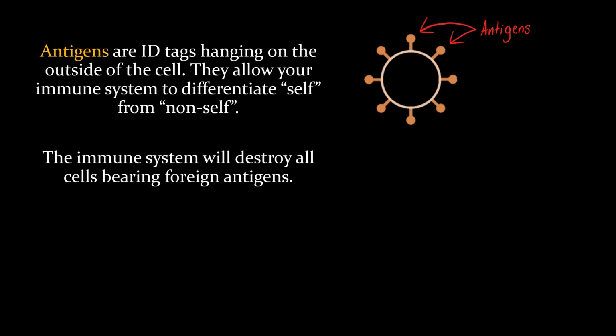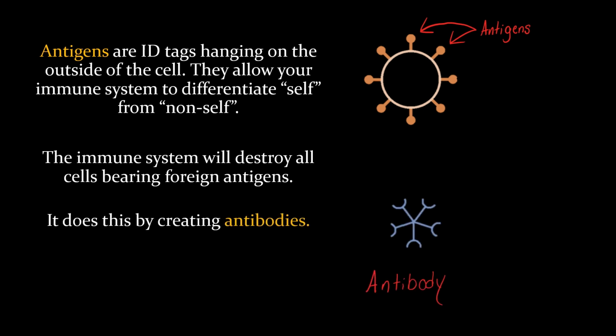What is an antibody and what does it have to do with this? An antibody is one of the ways that your immune system can mount a defense against foreign antigens. The antibody does not do anything against the antigens directly. An antibody is doing what?